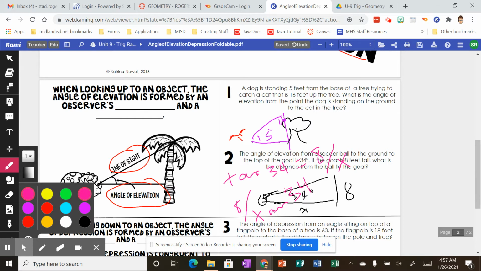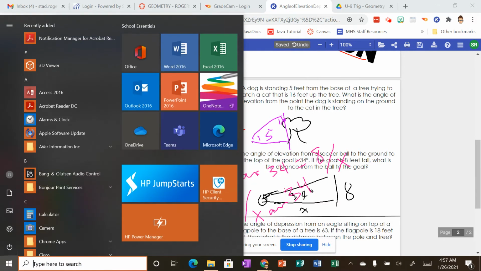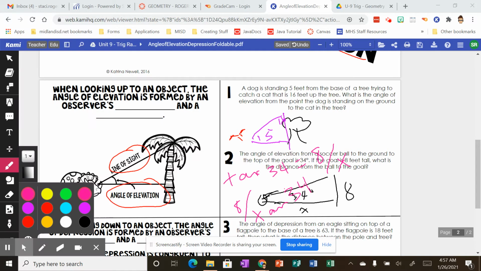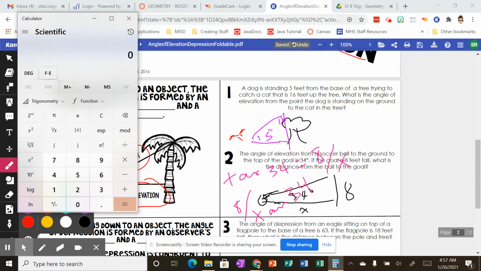I'm going to jump over here to my calculator. There it is. I'm going to turn it from standard to scientific. And 8 divided by tangent. Nope, I did that wrong. You have to figure out what mode the calculator is working in.